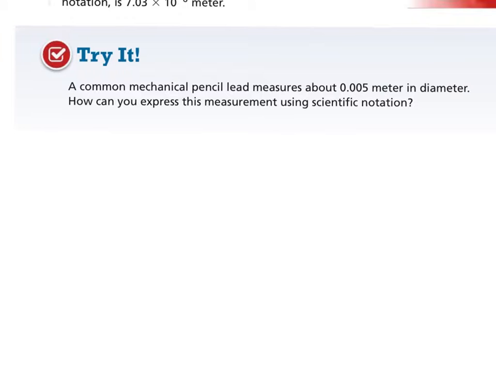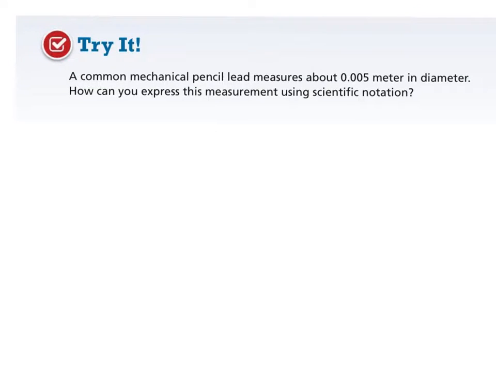Okay, so normally they don't put that in meters. But if they did, our decimal would have to go after the 5. We want one number that's not 0 and then the decimal point.